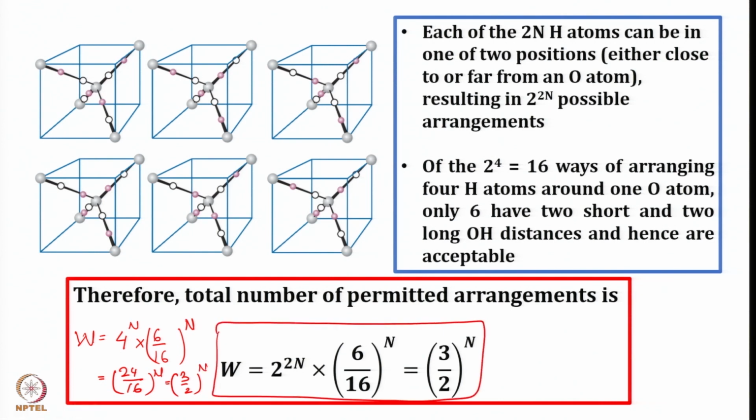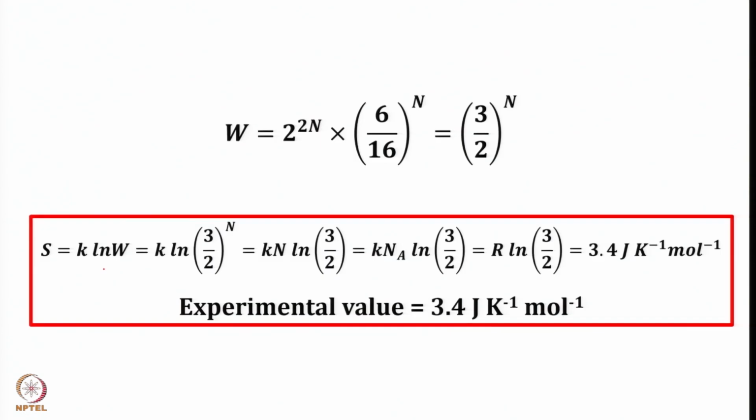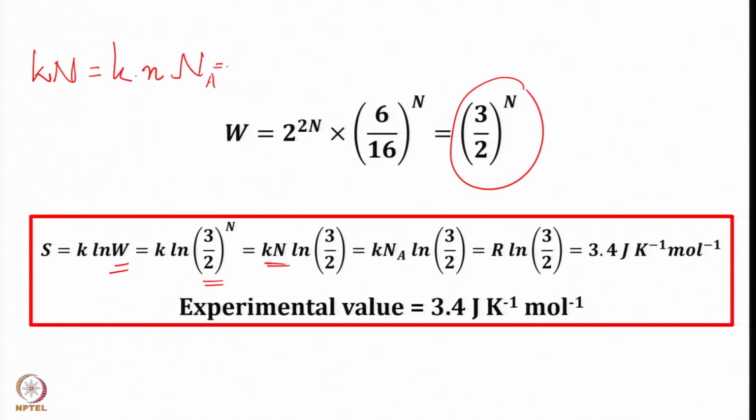Once we have an expression for W, the next step is S is equal to K log W. W we know is (3/2) raised to the power n. Putting this in, n comes out, and K times n is equal to K times small n into Na, which is equal to R. I can consume this n and make it molar.